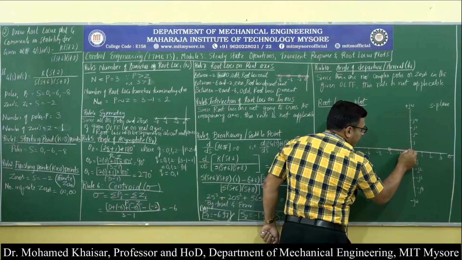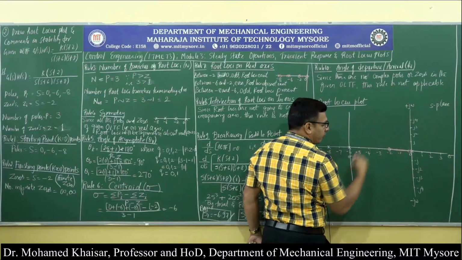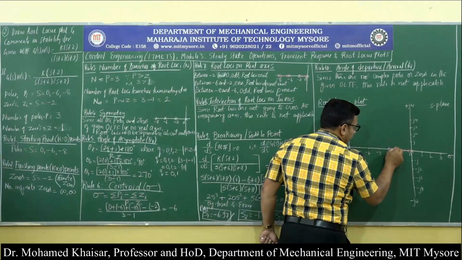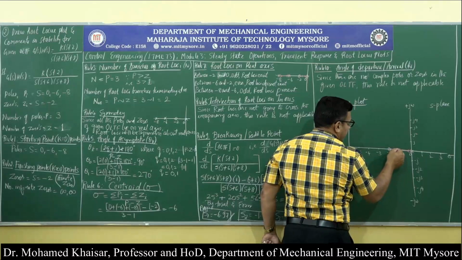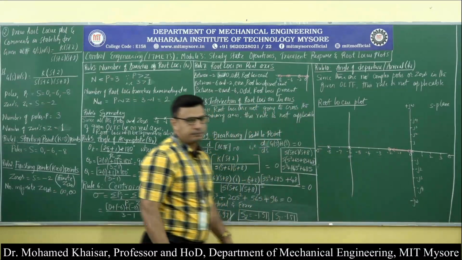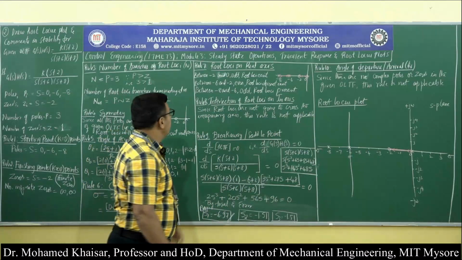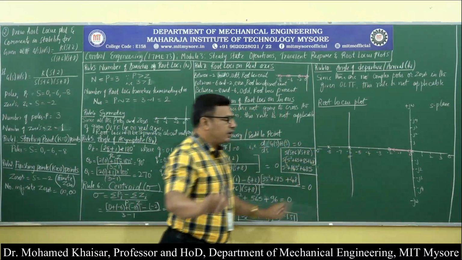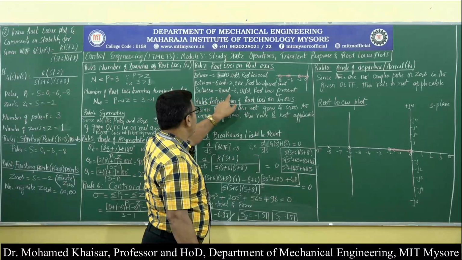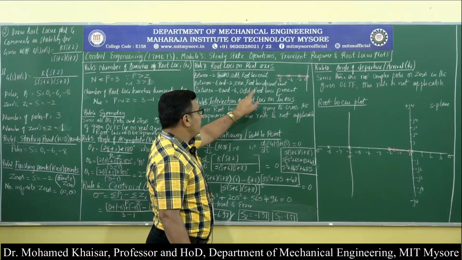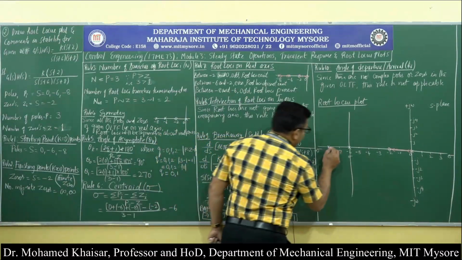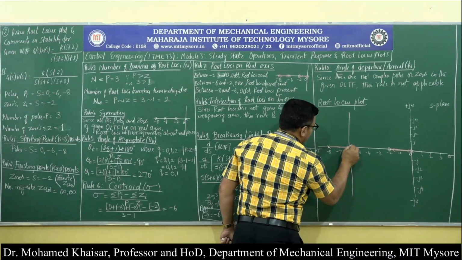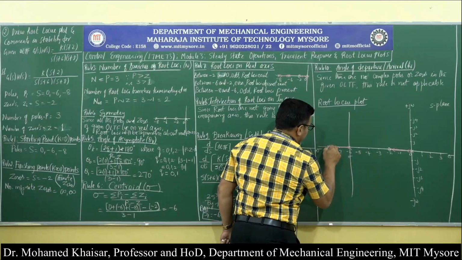Since this is a pole, it is a starting point, so the arrow should be written in that direction, it is leaving, and this is a zero, so the arrow should be written so that it is terminating inside the zero. Then between minus 6 and minus 2, no root locus is present, leave it. Between minus 8 and minus 6, it is odd, so root locus is present.